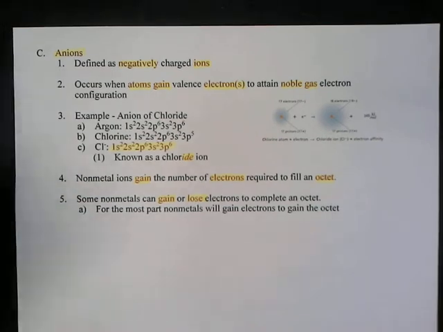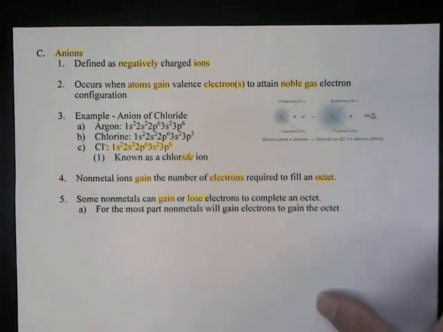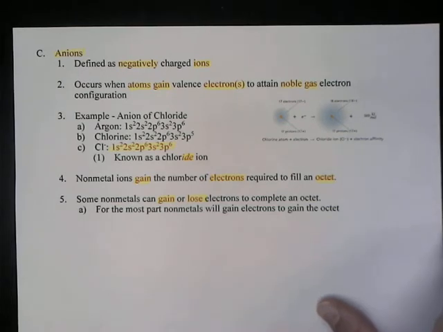Now, with our parts of the periodic table, our nonmetals are going to tend to gain electrons and become negatively charged. So that brings us to, how do we determine the charge of a particular anion or cation? So we start out with this, all right?